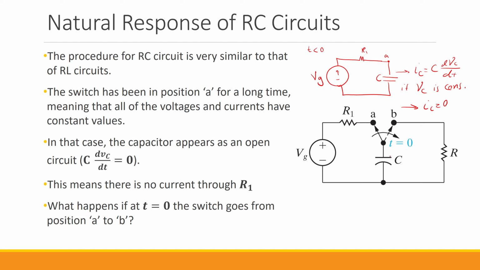So the capacitor is acting as an open circuit. There is no element between these two points anymore. Even though you have the capacitor, it acts as an open circuit with no current through it, and since these three elements are all in series, there won't be any current in the circuit.